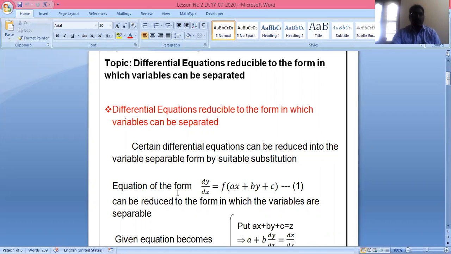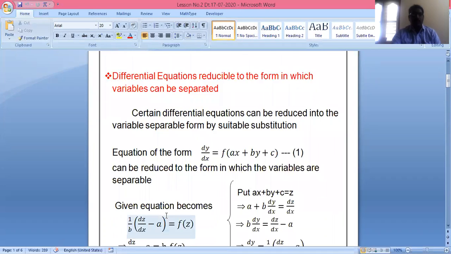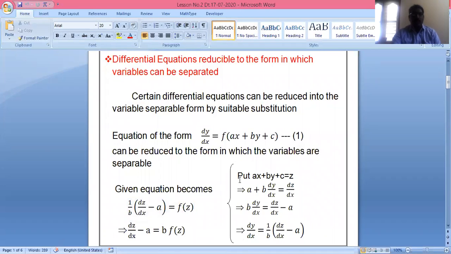Equation of the form dy by dx is equal to f of ax plus by plus c. Let this equation be 1. It can be reduced to the form in which the variables are separable. Here our substitution is ax plus by plus c is equal to z.